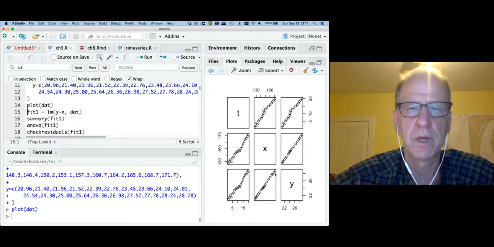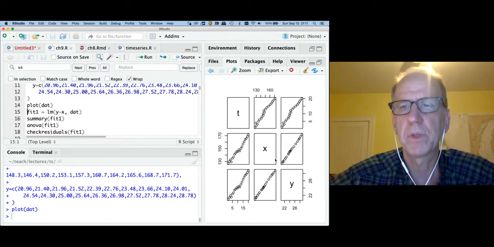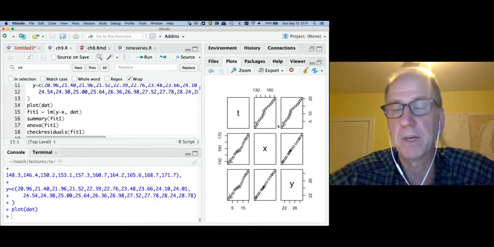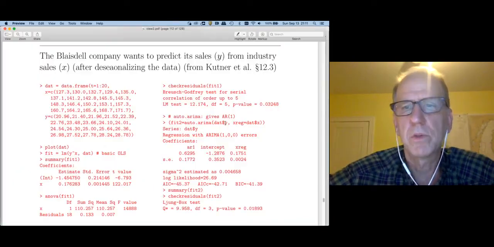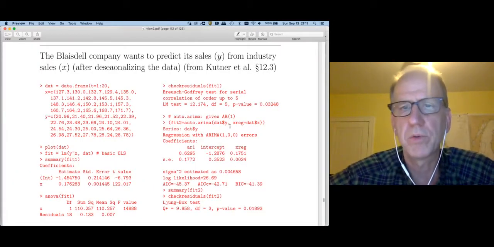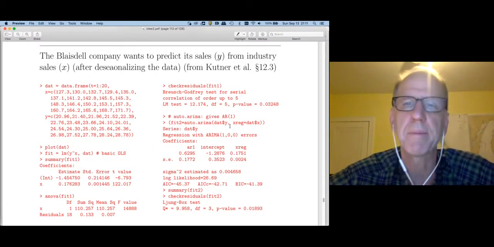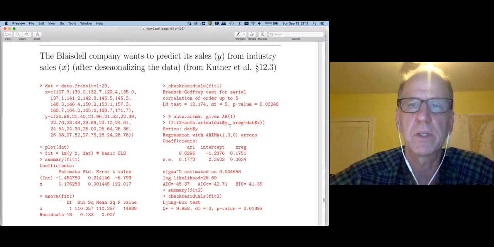My y's seem to be going up with the x's. They go up with time. Perhaps what's happening is the economy is just getting better. We're growing with GDP, something like that. So putting this into AutoArima is not going to be correct. But let's just go see what happens if we do something that's incorrect.